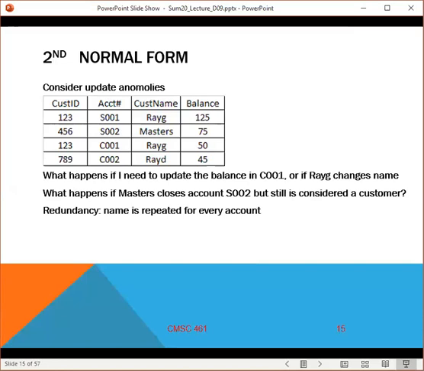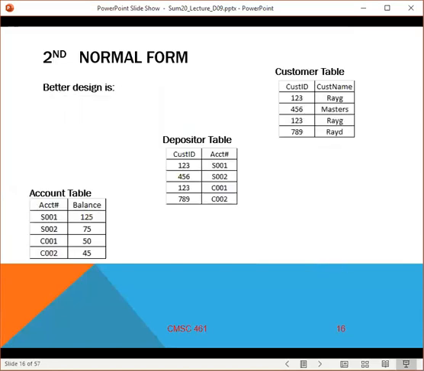So there's redundancy also. Name is repeated for every account. Ray G is up there twice, once for the savings account and once for the checking account. So again, we've got the potential for anomalies.